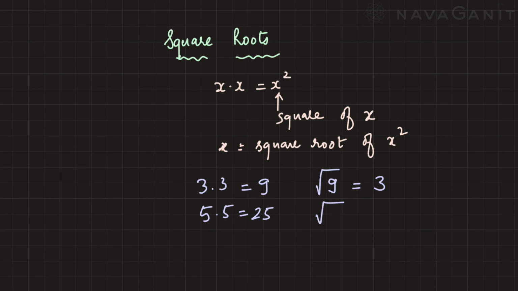So I can say that square root of 25 is 5. Similarly, 0 multiplied by 0 is 0. So square root of 0 is nothing but 0. So we use the square root symbol to denote square root. Square root of 16 will be 4.